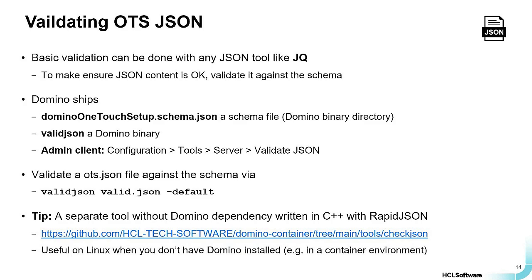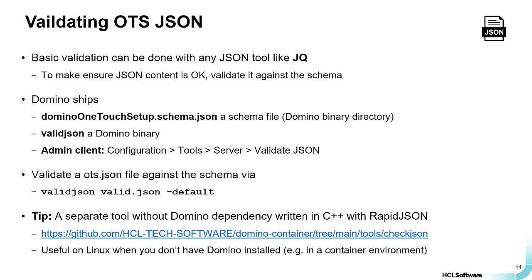Not everyone knows that JSON also has a schema. So we know from XML that it is really schema based, but JSON schemas are also available, right? So in case of Domino, the JSON schema for the one-touch setup is part of Domino. It is shipped with Domino in the binary directory.